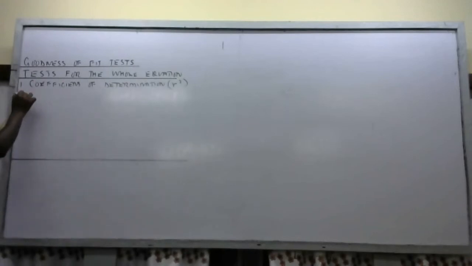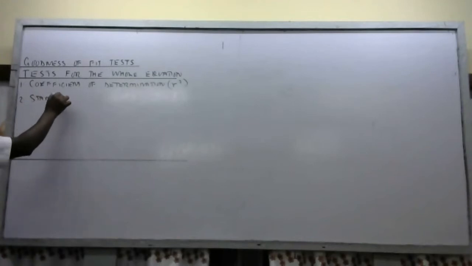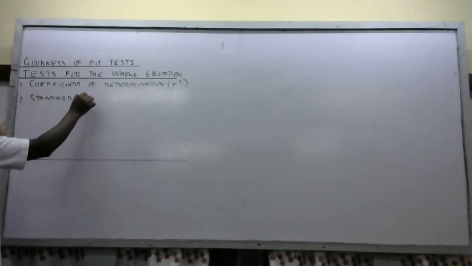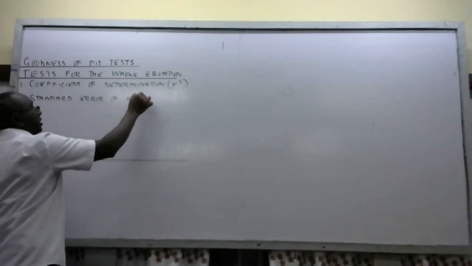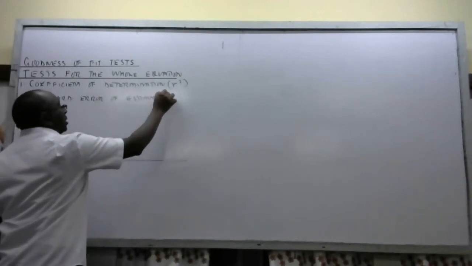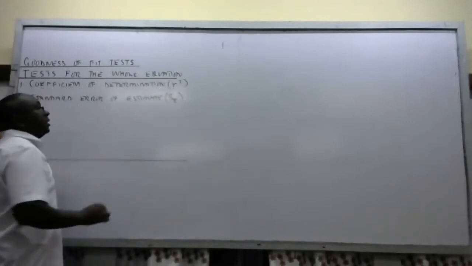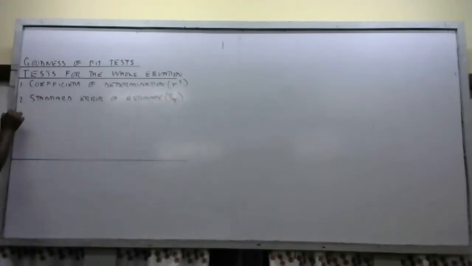Number 2 is called standard error of estimate, SE. And number 3 is called F test.